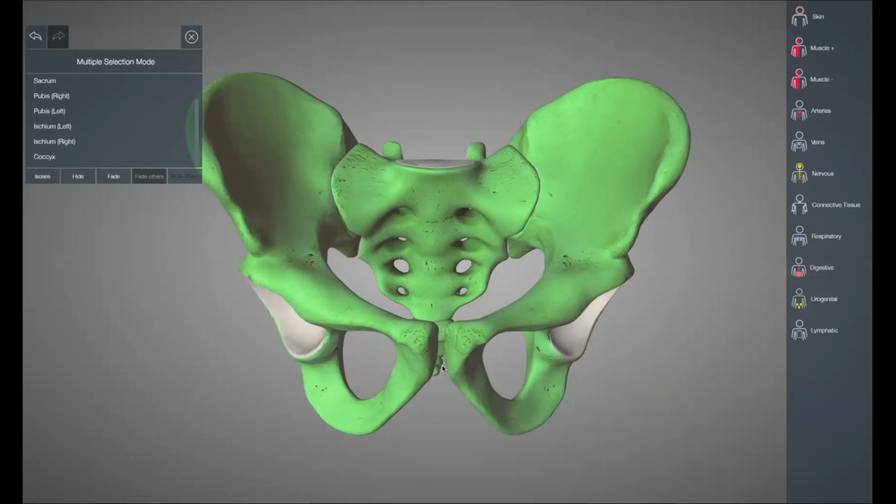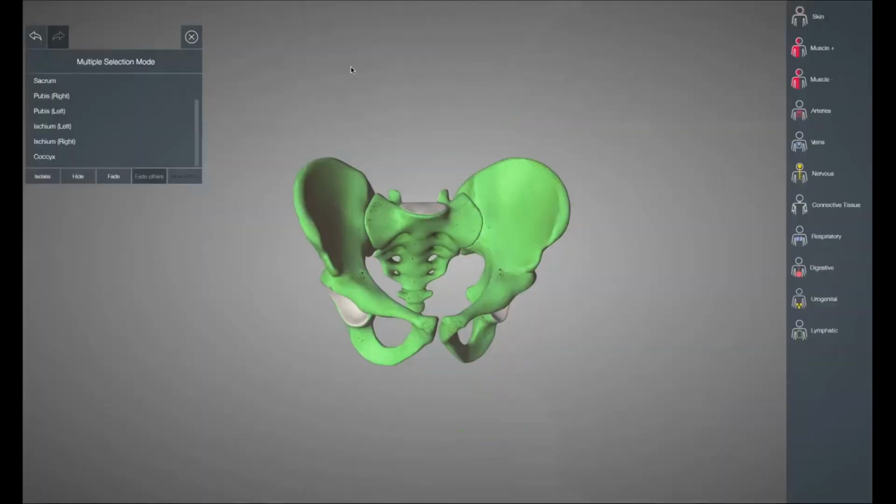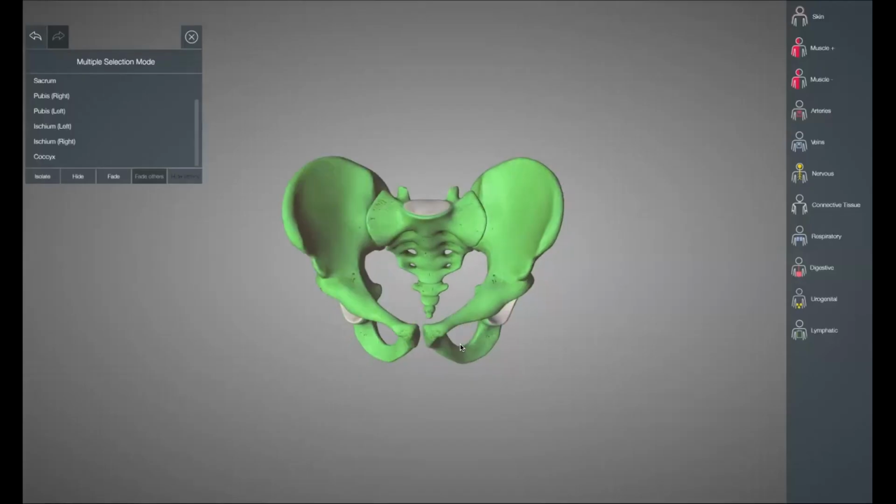There are ligaments, of course, but let's first discuss the functions of the pelvis. First, to transfer weight from the upper axial skeleton to the lower appendicular skeleton. Second, it provides attachments for muscles.